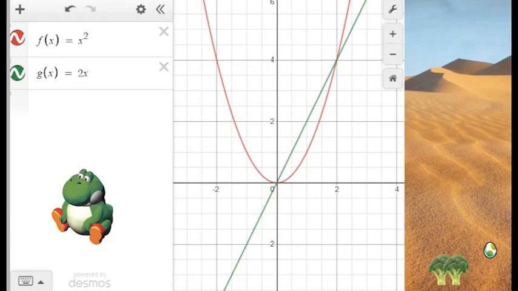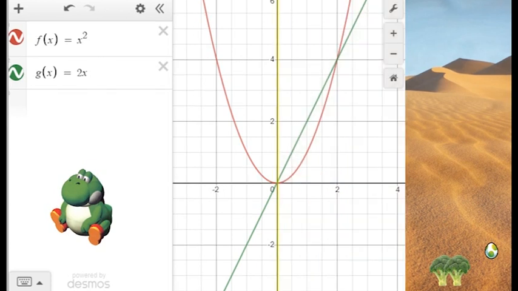Here is the graph of x² together with the graph of its derivative, 2x. When x is negative, the derivative is negative, meaning that the function should be decreasing, and this is indeed true. When x is positive, the derivative is positive, meaning that the function should be increasing, and this is also true.